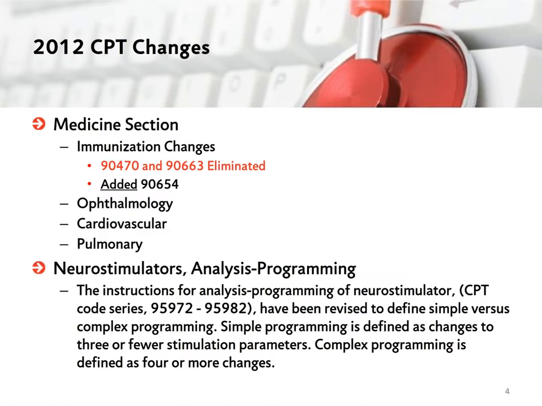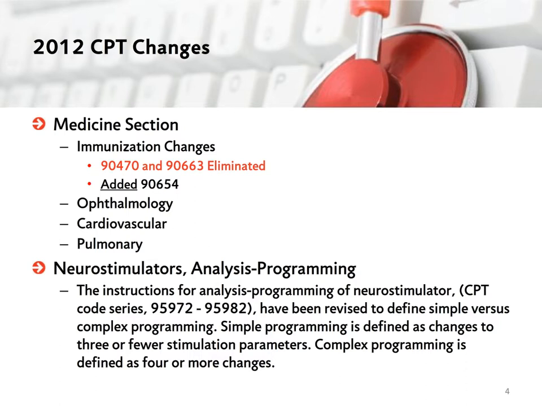2012 CPT changes under the medicine section. We had very few changes that were affected. Under the immunization, 90470 and 90663 were eliminated. We had a few changes under ophthalmology, cardiovascular, and pulmonary.